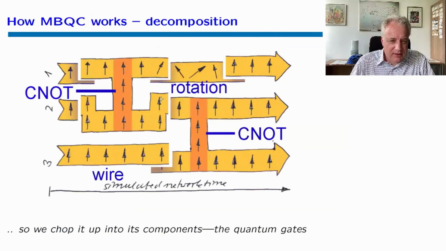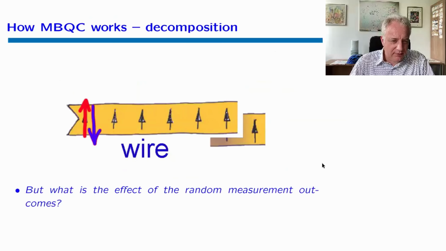All right then. The next thing you want to do is chop it up into components. You want to say, oh, this is a CNOT gate, this is a rotation, this is another CNOT gate, this is a piece of wire, and you want to explain all these gates. First thing is wire. Fine, but then there are these random measurement outcomes. We discussed it some time ago: in a quantum measurement, you can choose the basis, but you cannot choose the outcome.